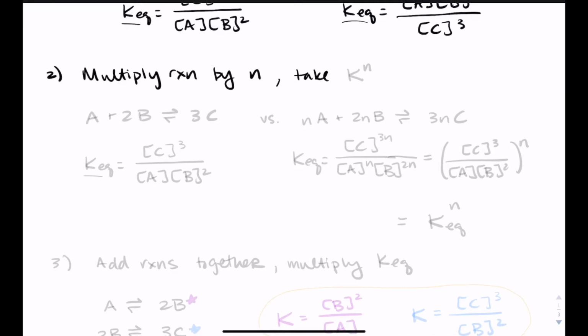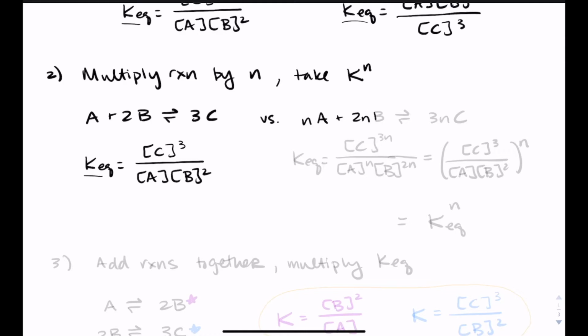So we're going to do A plus 2B in equilibrium with 3C and compare it to n times A plus 2n times B in equilibrium with 3n times C. So I've got my generic multiplier in here. Equilibrium constant expression on the left, same as above, C cubed over A times B squared.